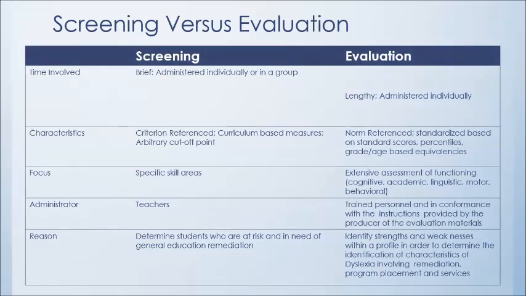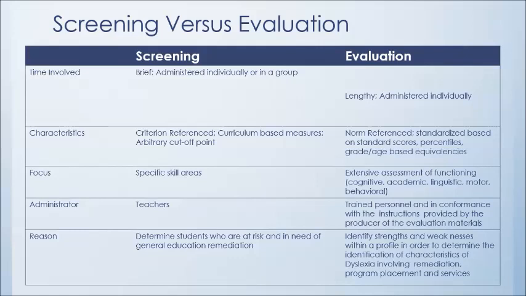Some of the characteristics of a screener are that it's criterion-based, curriculum-based measures, and it has arbitrary cutoff points. However, an evaluation is norm-referenced, standardized based on standard scores, percentiles, and grade- or age-based equivalencies. A screener focuses on a specific skill area.